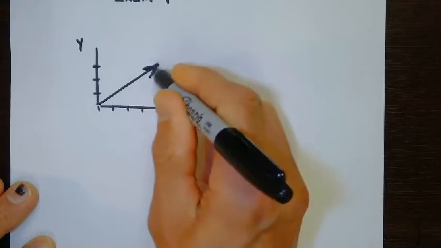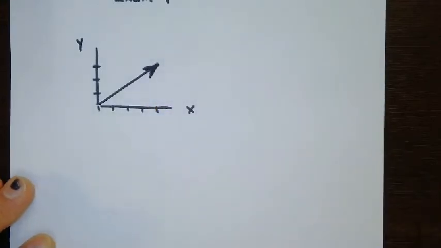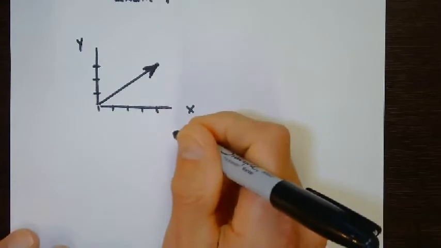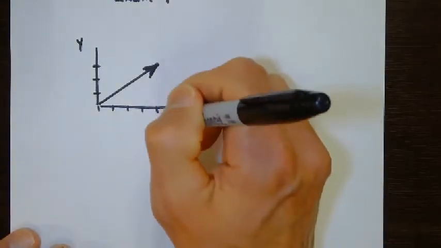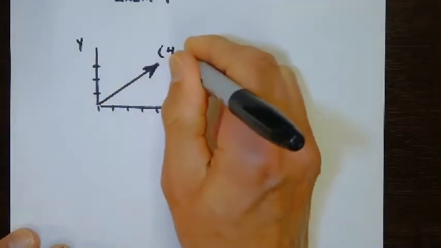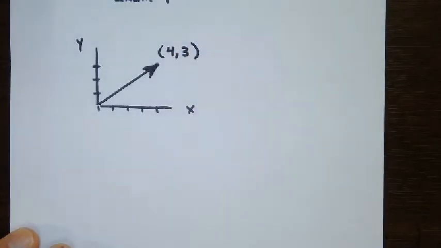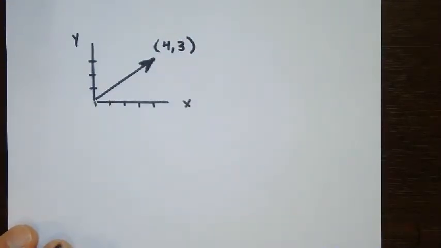And we'll make it point in that direction. So this is a position vector. It would have coordinates 4, 3. The head of that vector goes to 4, 3.